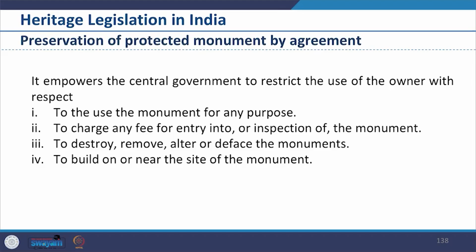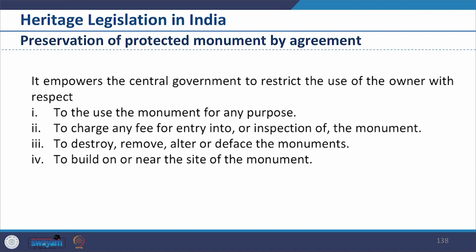The Act provides the central government the right to acquisition of a protected monument. Further, we see that it also gives them the power to enter into an agreement with the owner to protect the monument for preservation and also for its maintenance. Also, the Act empowers the central government to restrict the owner, who cannot charge any fee for entry into the monument, destroy or remove the monument, or build anything around the site.